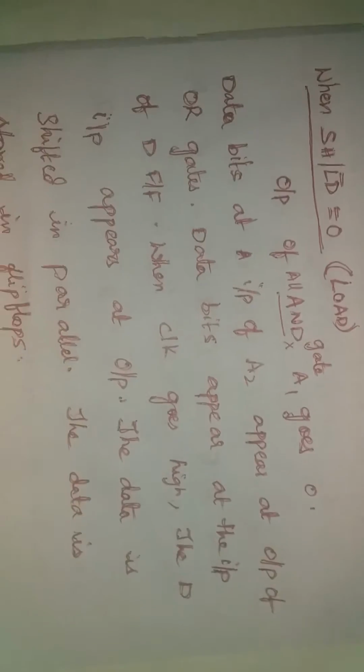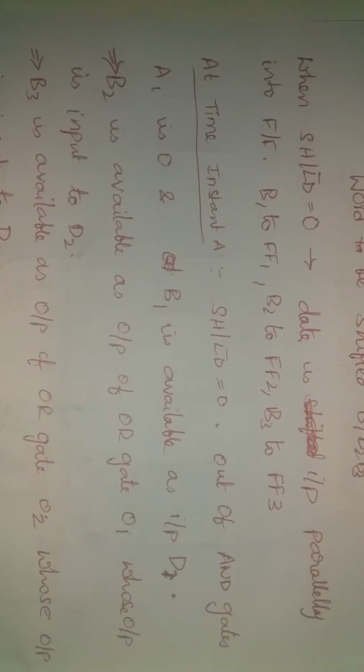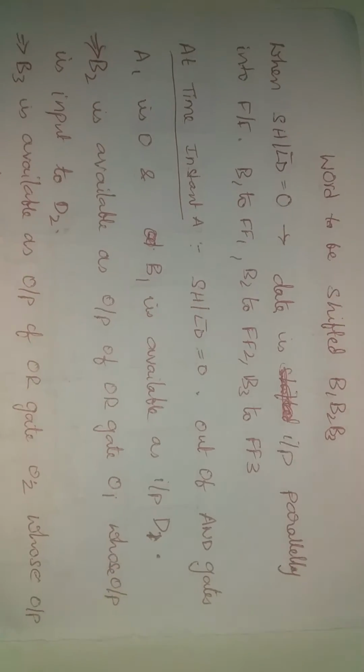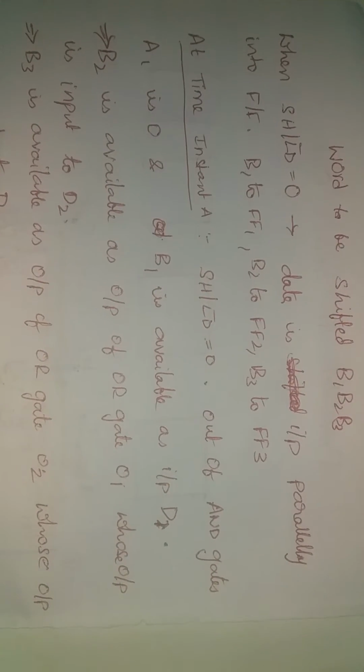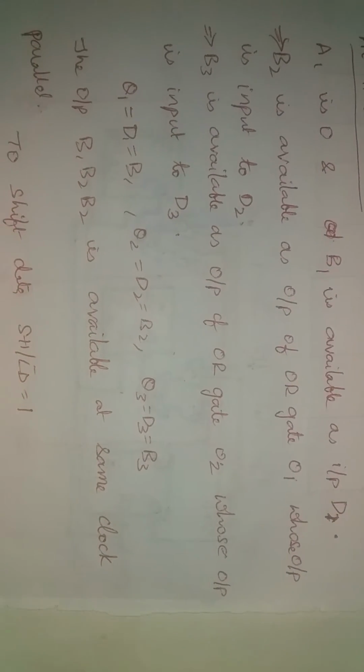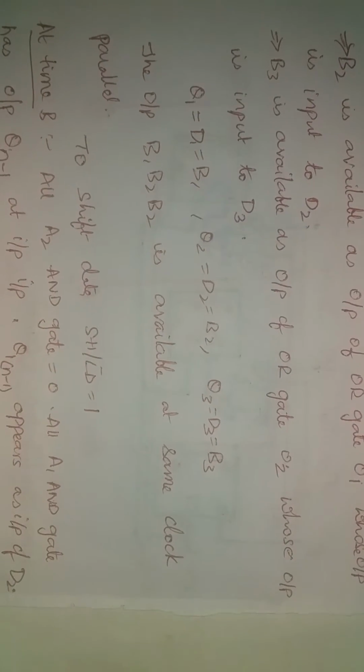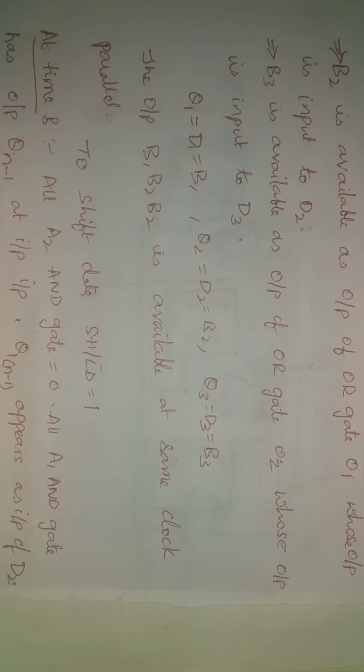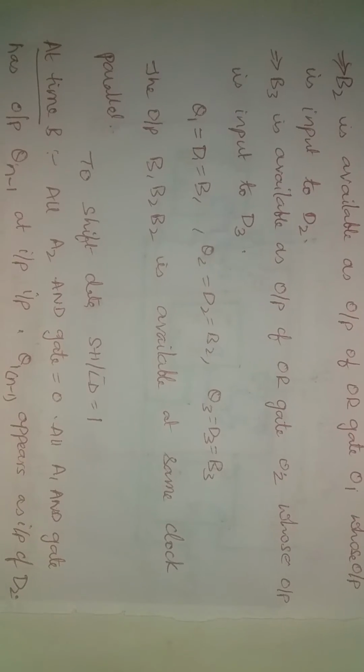At time instant A, control line goes low and the word is shifted in parallelly. So the output is B1, B2, B3, which is available at the same clock parallelly. This is parallel in, parallel out.